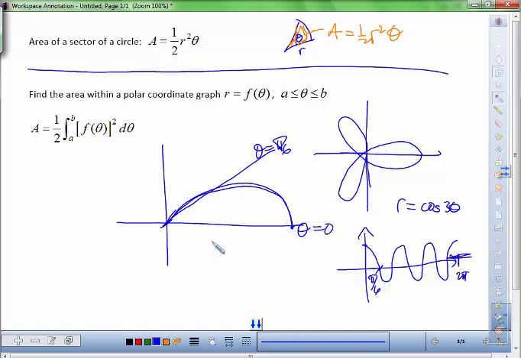So the issue here, and why this sector isn't quite going to work, is that if we take a little cut of this thing, it isn't exactly a sector of a circle, right?